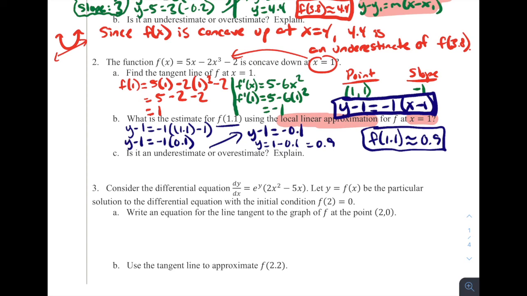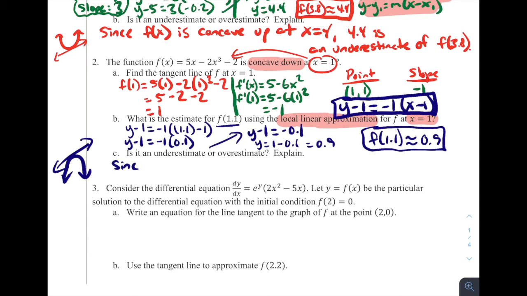Explain. So again, here, the key piece of information is the concavity for overestimate or underestimate. Since this is concave down, if we draw a little concave down function and draw a tangent line, notice that the tangent line is above the function.